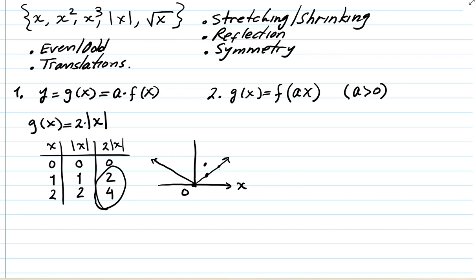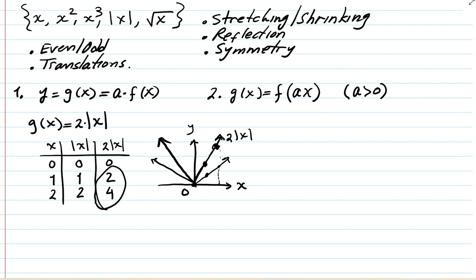This point that's that far is going to be twice as far, possibly up there. Now if I connect these dots together, you can see this is the graph of 2 times absolute value of x. Same thing on the other side; that's the graph of 2 times absolute value for negative x values.